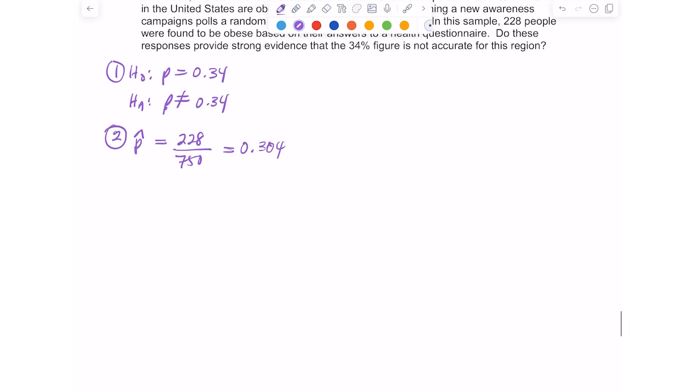The standard error of P hat is the square root of P times 1 minus P over N. And when you do that, you get that.